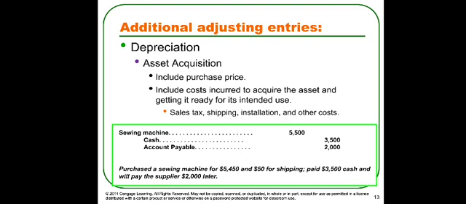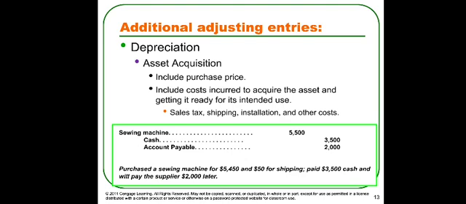For example, let's see here you have a tailor business, and at one time you purchase a sewing machine. So the situation is like in the green box here. See the wordings below the journal entry. You purchase a sewing machine. The price of the machine is 5,450.